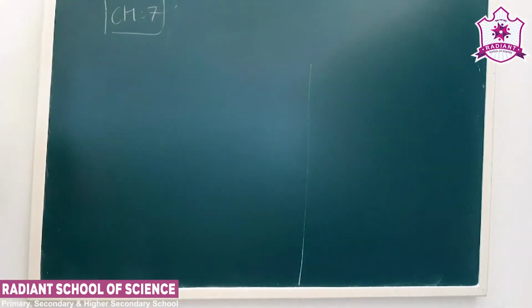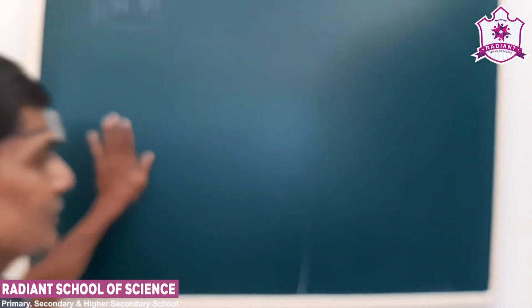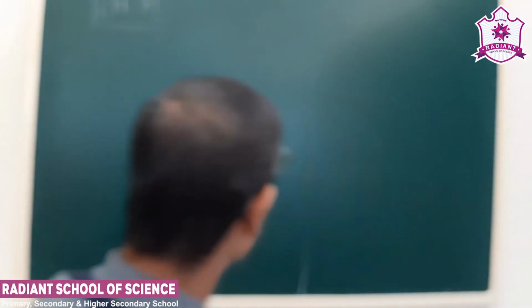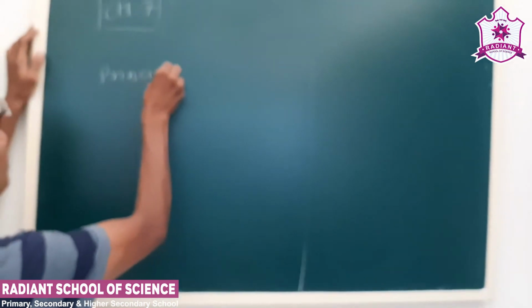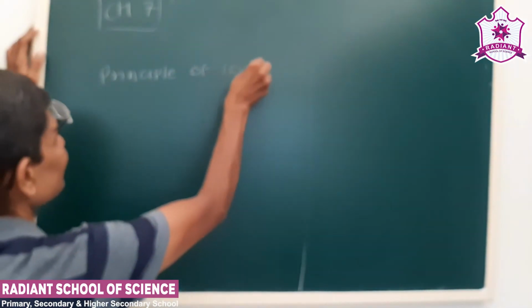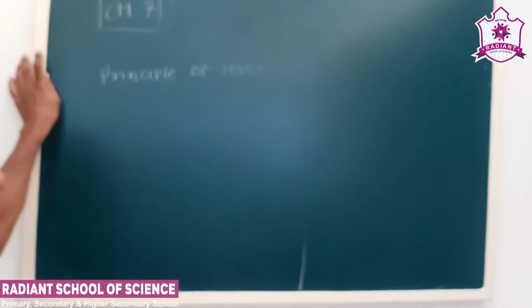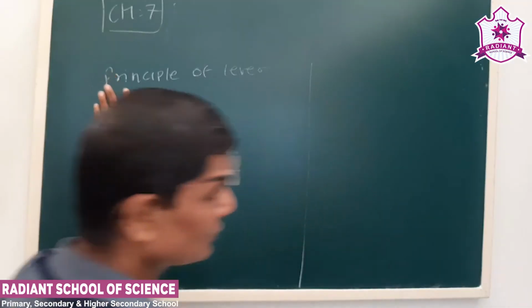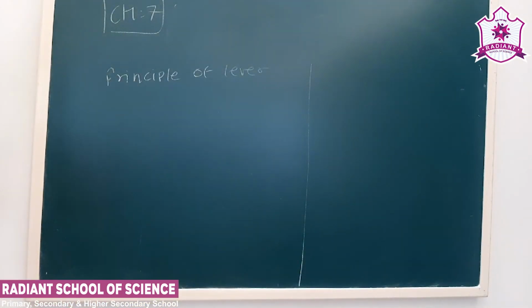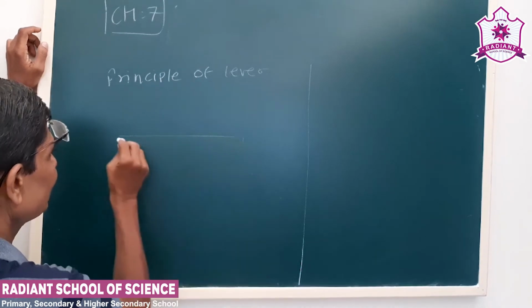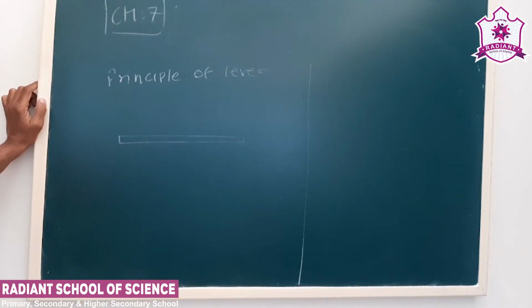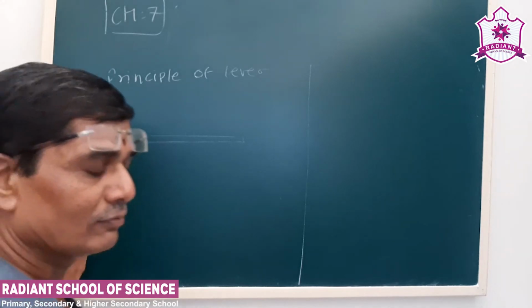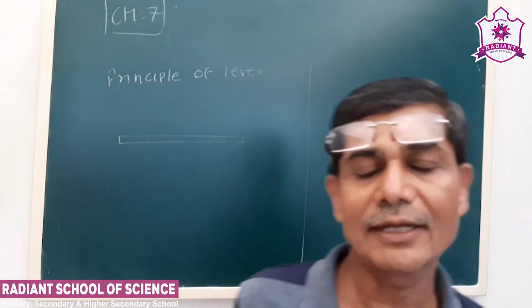Now one more thing we have to study in this lesson is the principle of levers. All of us have seen the seesaw, in which you and your friends used to play. Here the seesaw is a simple machine. You studied about the first type of lever, second type of lever, third type of lever.